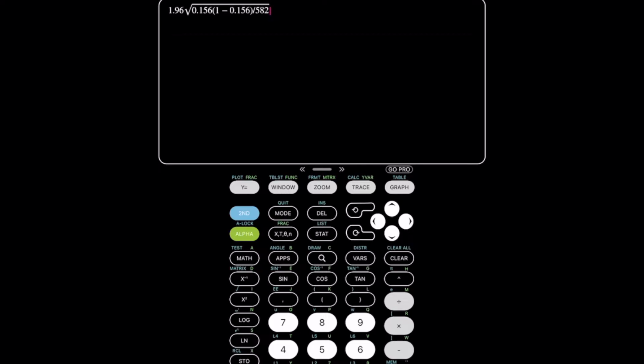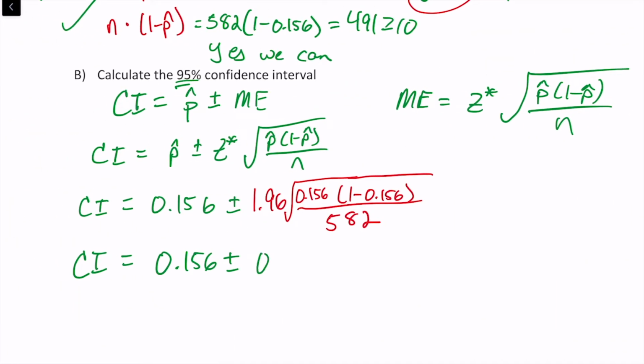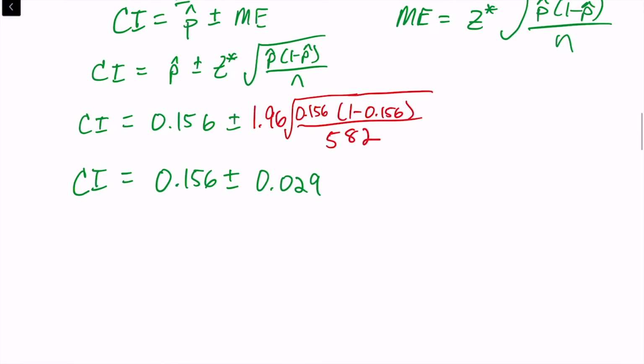Everything's underneath the square root. We hit enter. To 3 decimal places, we get 0.029. So if the question asks you what's the margin of error, it's 0.029.